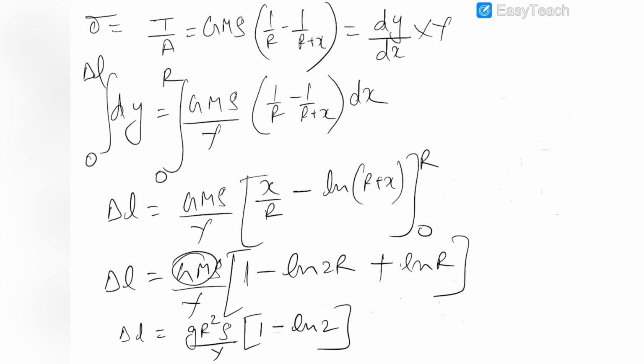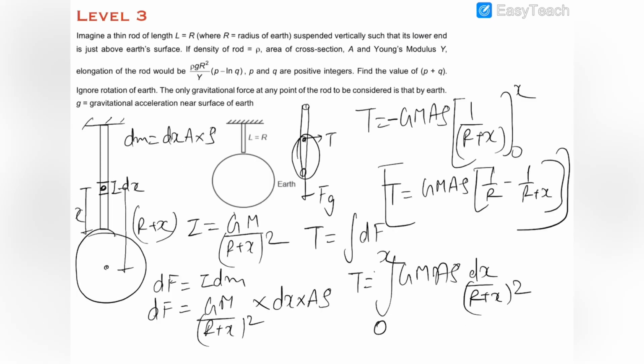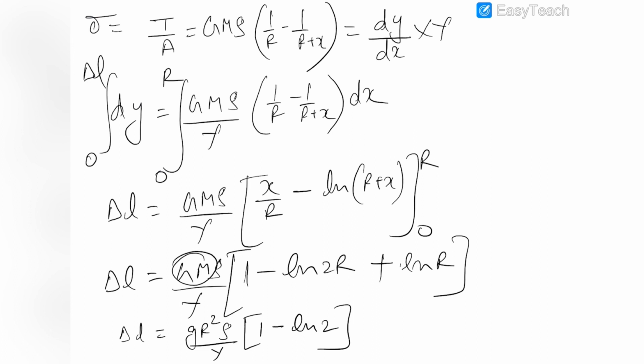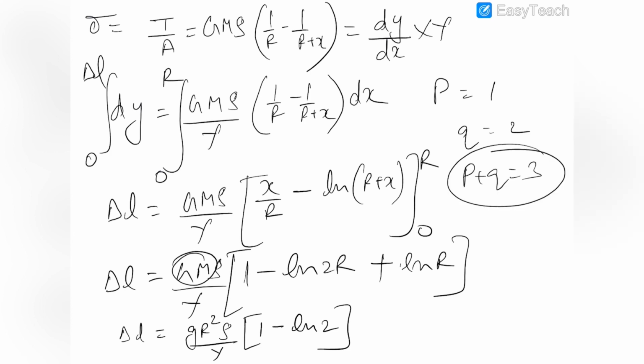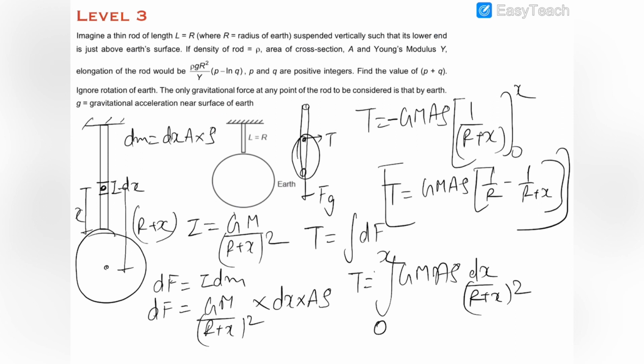So this is 1 minus ln 2, and therefore if you compare it with this expression, p is 1 and q is 2. So p plus q will be equal to 3. So the correct answer for this is 3.